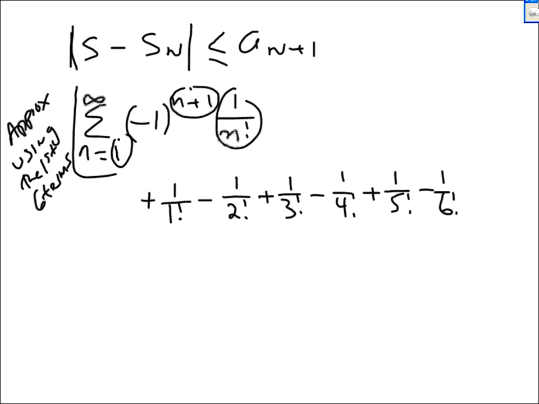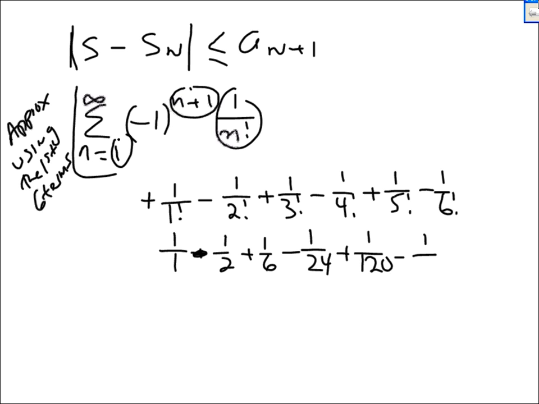If you work this out, 3 factorial is 6, 4 factorial is 24, 5 factorial is 120, 6 factorial is 720. I worked this out, and to 5 decimal places I get approximately 0.63194. That's just the sum of the first 6.